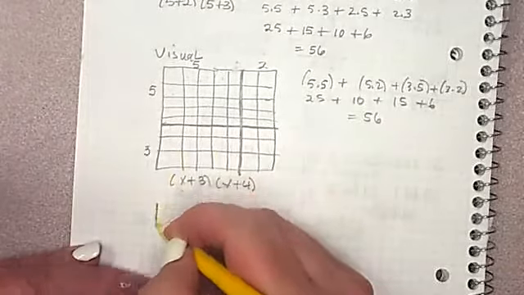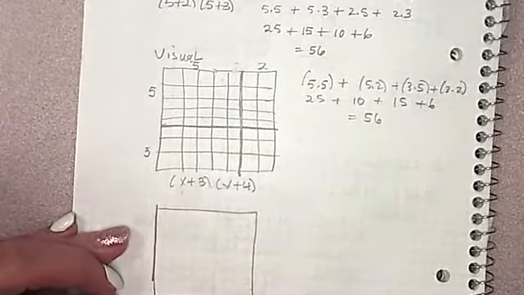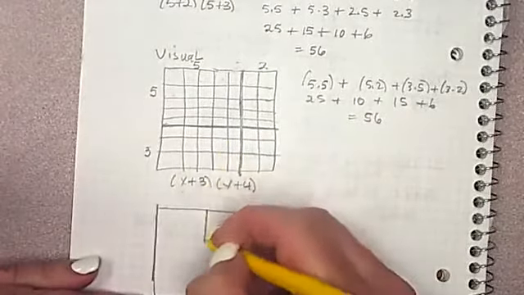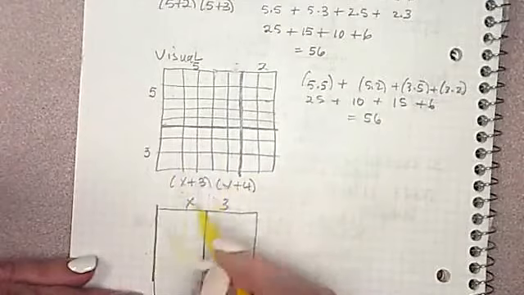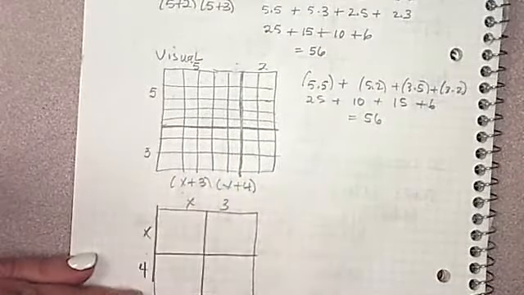So again, let's start with a square-ish shape in my case. Here we're going to have x plus 3, and again, this could go on either side, it doesn't matter. And then we have x plus 4.